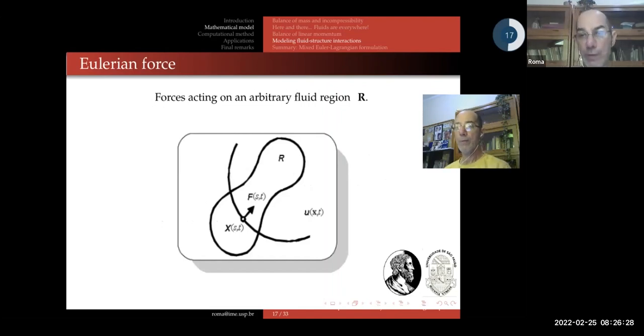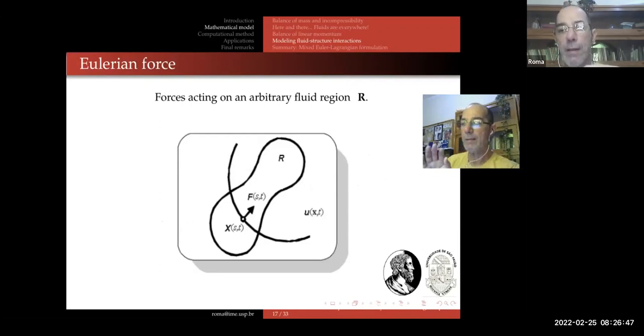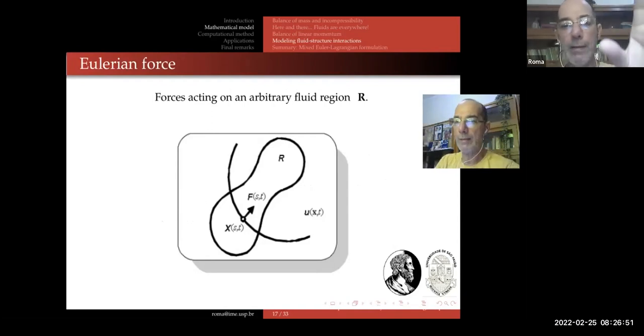You have to consider that this small piece of fiber is contained in a region that we can call R. So I have a region that contains a little bit of the fiber. Pick any arbitrary region that you like that contains a little bit of the fiber.